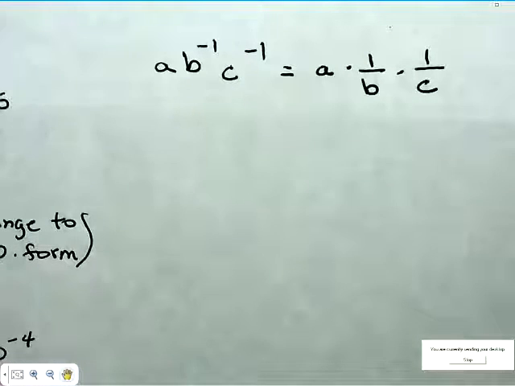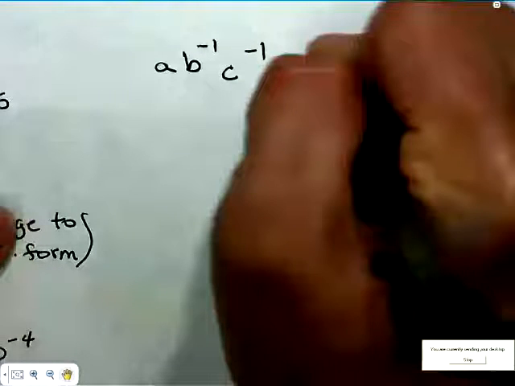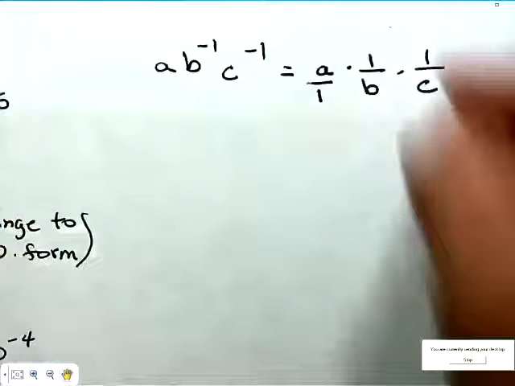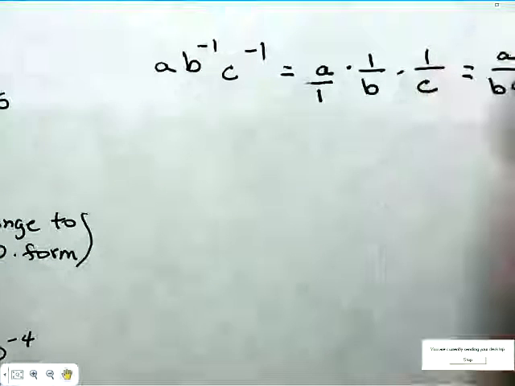And then when I said, write your answer as a single fraction, you said, okay, A's over 1. So if I multiply straight across, I get A over BC.